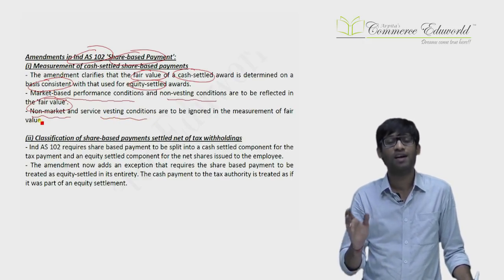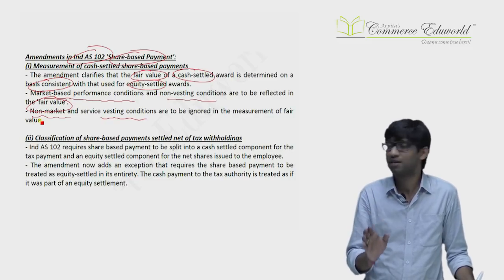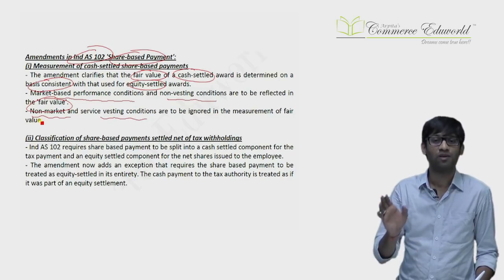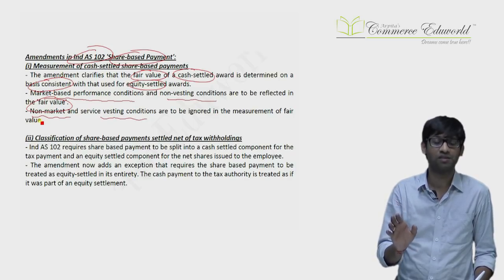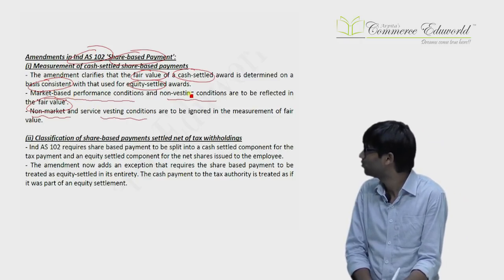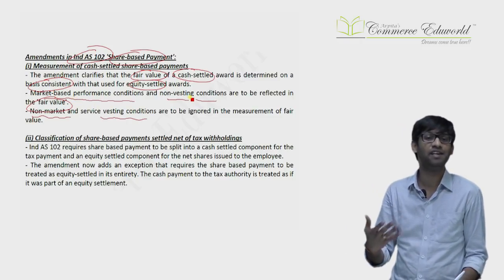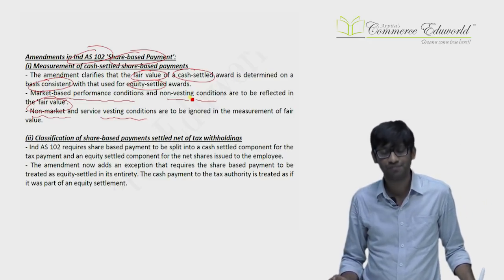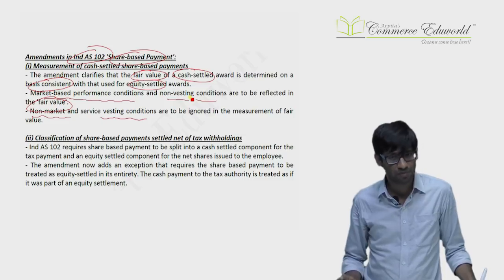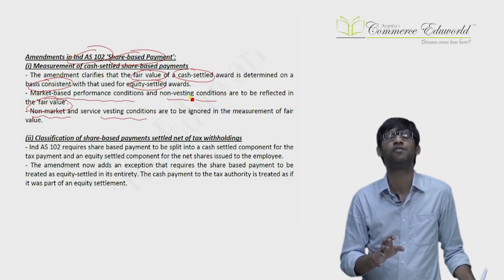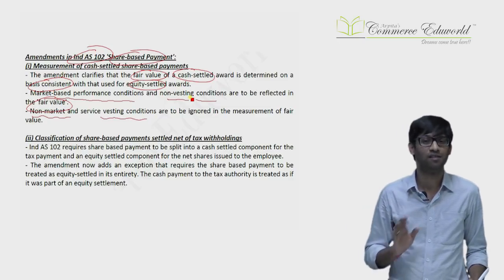They are talking about calculation of fair value in case of cash settled share-based payment. So the calculation will consider market-based performance and non-vesting conditions as indicators of fair value, nothing else. Conclusion of this amendment is that the calculation of cash settled share-based payment is consistent with the calculation of equity settled share-based payment. That's it.